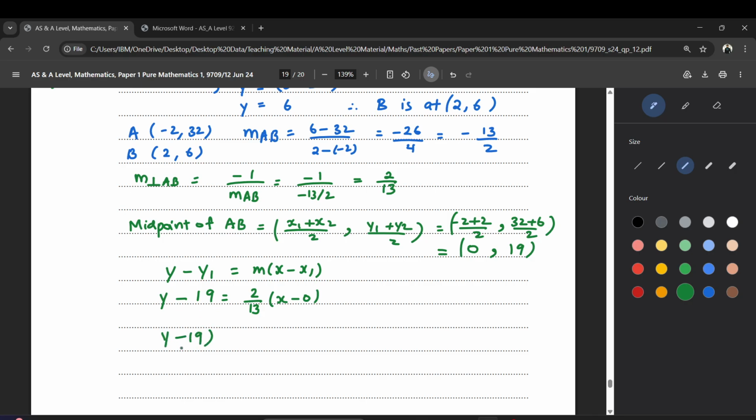So (y minus 19) times 13 is equal to 2x. 13y minus 19 times 13, that would be 247, equals 2x. So therefore my final answer will be 2x, bringing everything to the right hand side, minus 13y plus 247 is equal to 0.